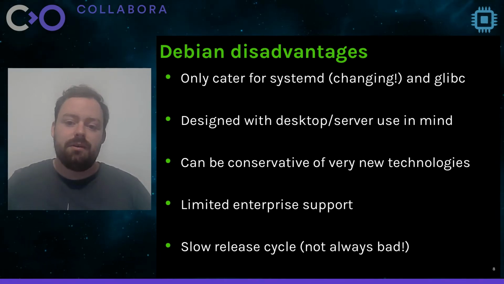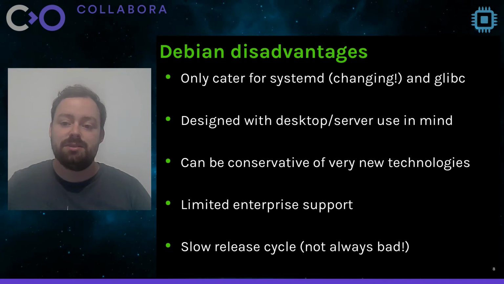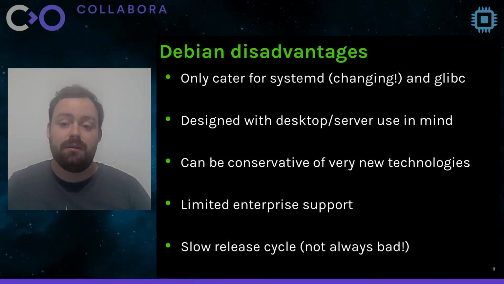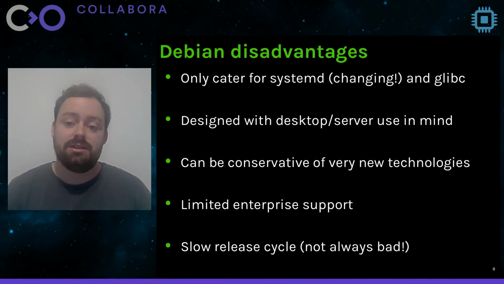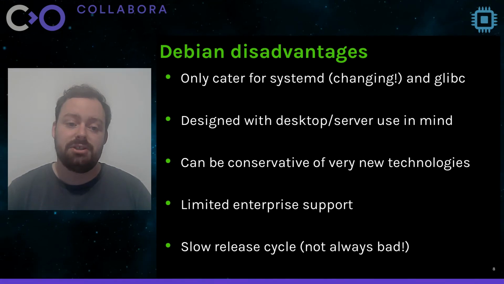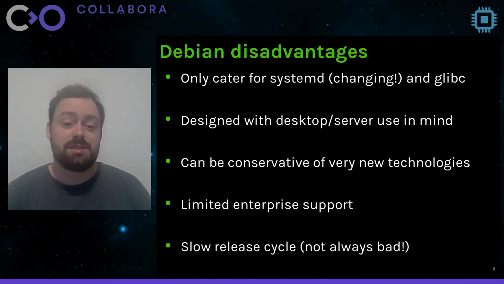So, some disadvantages with Debian. Debian only caters for systemd. This is changing. There are some changes in force to allow for other system managers, but I don't see this as a big disadvantage personally.